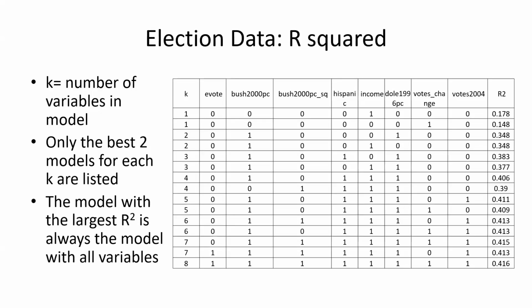But basically, it goes up. And that makes this criterion not very suitable for model selection because you always end up deciding that the model that has all the variables in there is best because it has the highest value of R squared. And that, of course, is not really our goal, right? To put them all in there.